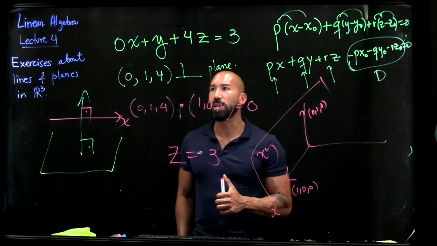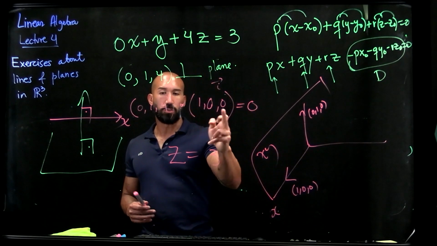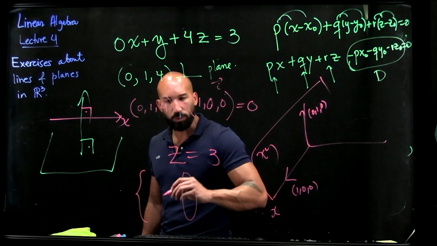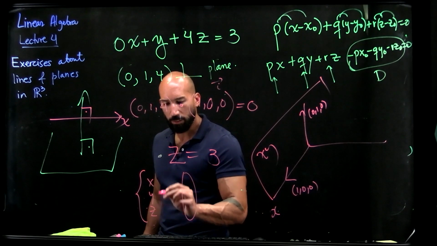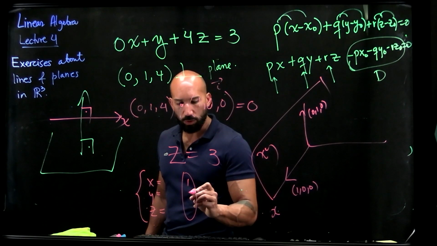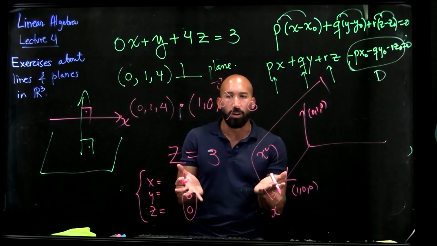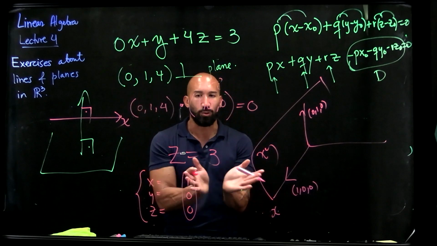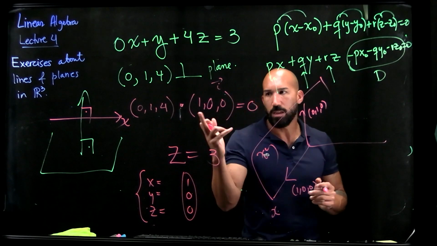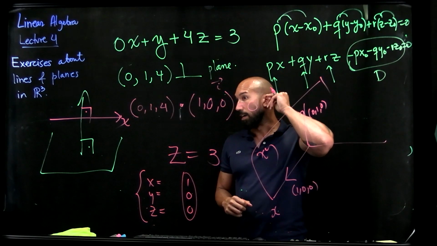Well, the only thing that we can say is that 1, 0, 0, or any vector that is parallel to this one, is one of the vectors that we are using here. For example, A1 is equal to 1, B1 is 0, and C1 is 0. That's what we can say, because for the parametric equation of a plane, the vectors that we use are parallel. What this is telling us is that one of the parallel vectors can be used as the vector whose components are 1, 0, and 0.